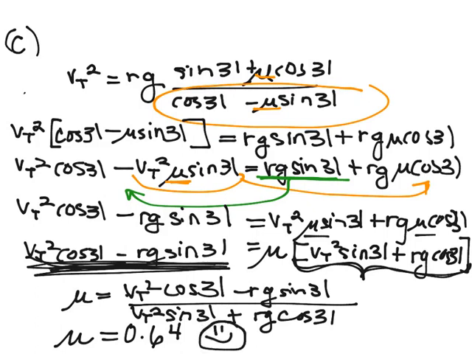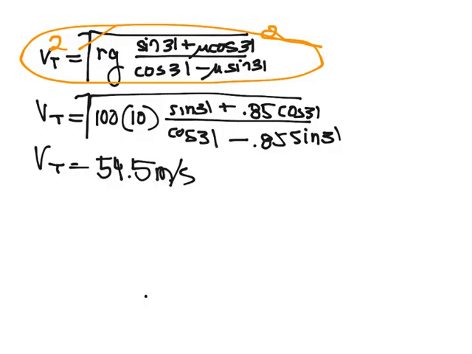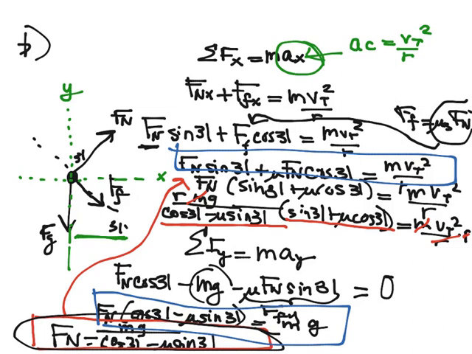I understand that this is kind of a mess of algebra and you're swimming in algebra right now. Hopefully from this video, the main thing that I want you to get, besides the mess of algebra, is that if you have a banked curve, acceleration is towards the center of our circle.